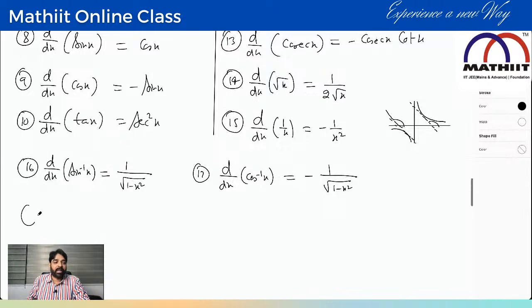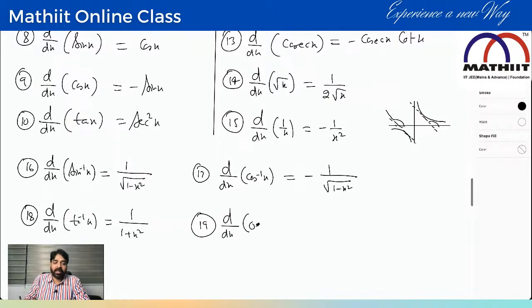That's what comes out from the inverse also. The 18th one, d by dx of tan inverse x is 1 by 1 plus x square, but d by dx of cot inverse x is always minus 1 by 1 plus x square. You can see clearly, I'm writing separately: this side only increasing graphs, this side only decreasing graphs, because an inverse will be either increasing or decreasing. Both cannot happen.